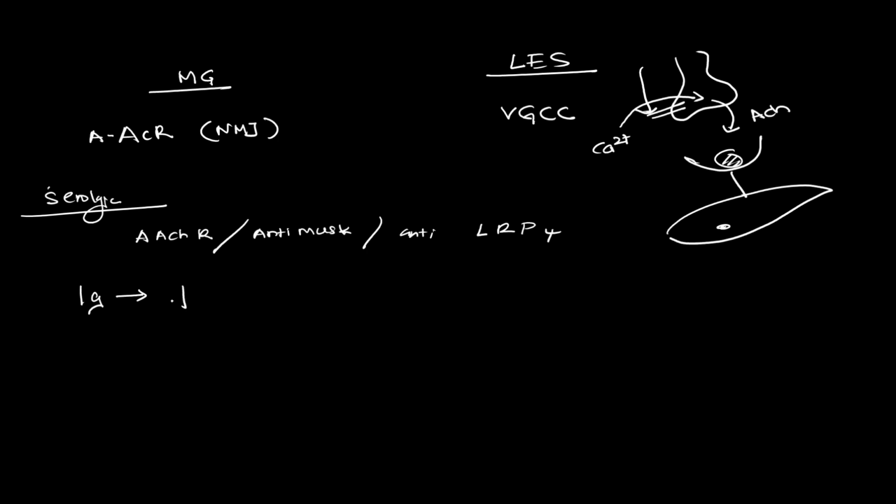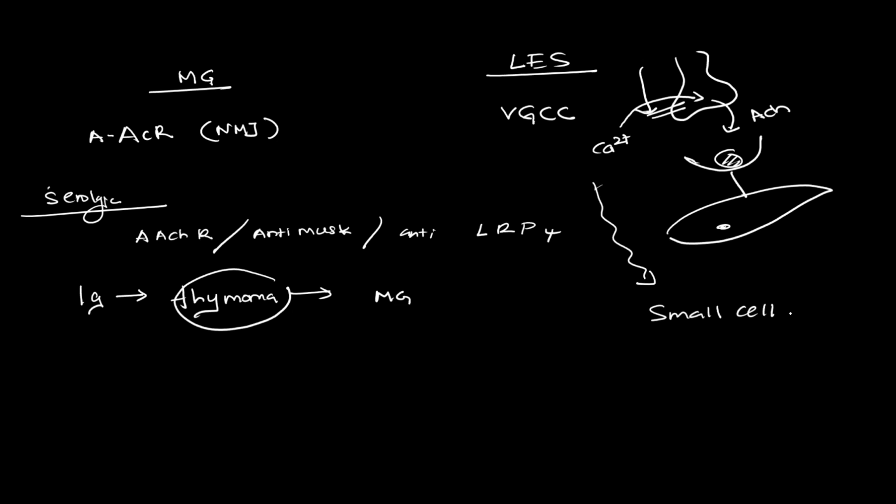If there's a tumor in the thymus, which is thymoma, this can lead to production of defective antibodies that can destroy the receptors, and hence you would see the consequence as the manifestation of the disease. So usually myasthenia gravis is associated with thymoma, but in Lambert-Eaton syndrome, this is not so. Here the usual association is with a lung tumor called small cell carcinoma.